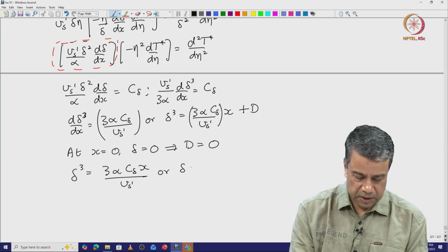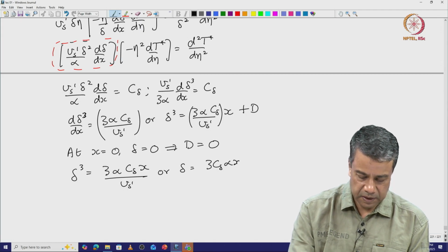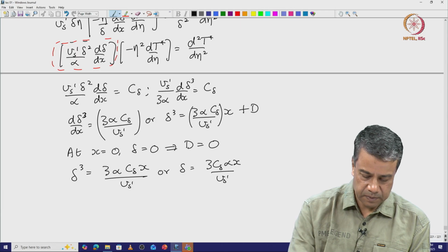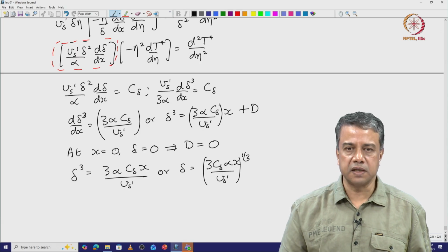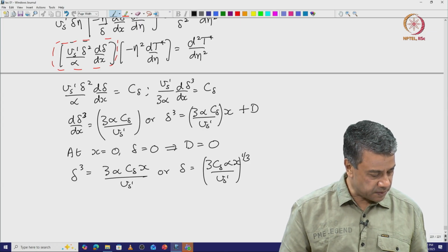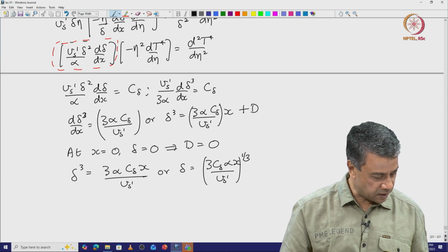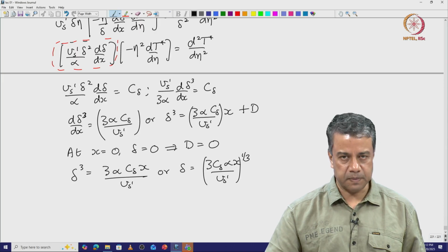Or delta is equal to (3 c delta alpha x by Vs prime) whole power 1 by 3. So, this basically states that the boundary layer thickness increases proportional to x power 1/3 for the flow past a flat plate.